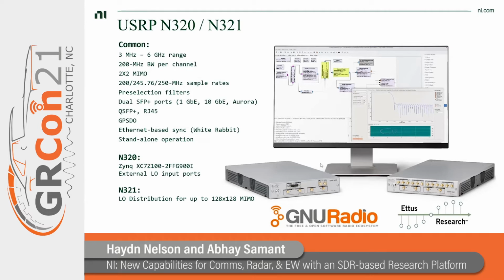So on a single unit, you have the capability to synchronize the local oscillators or use a common local oscillator for all the radios that are on these devices. And that is why in this reference architecture for the multi-channel application, we recommend using the N320, N321, and that's what we have used as well.